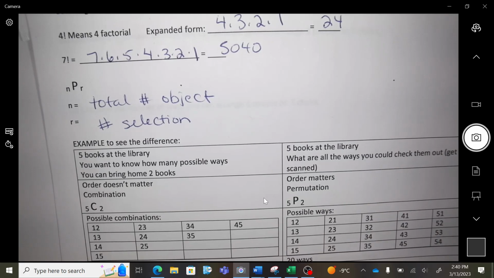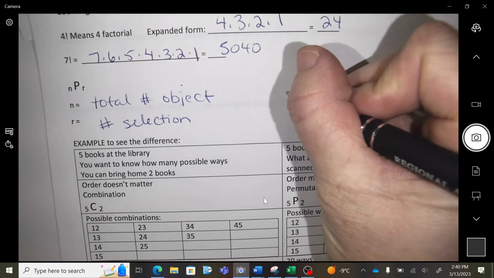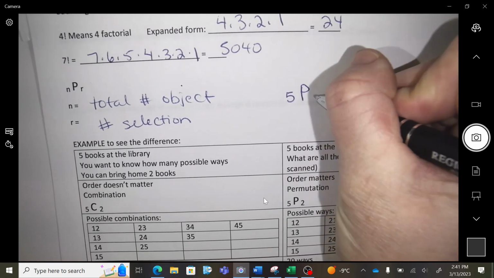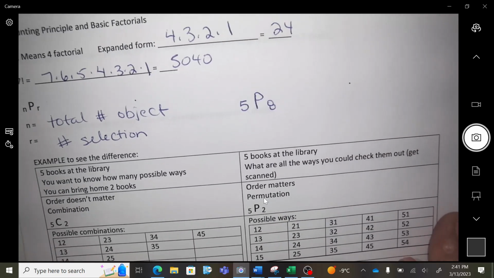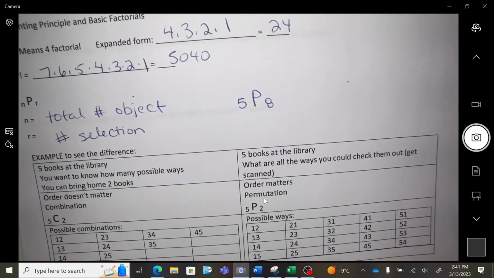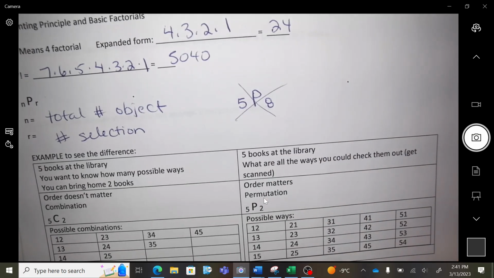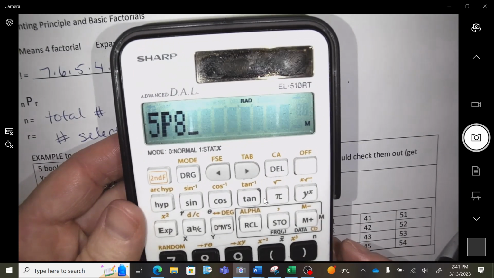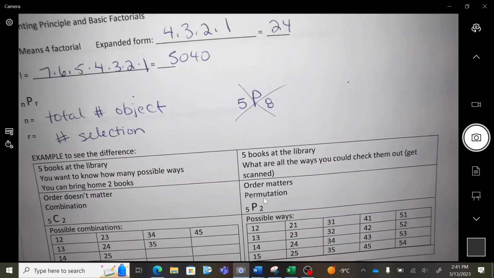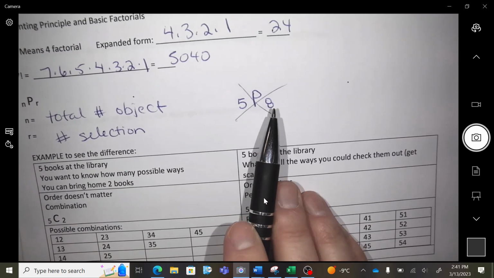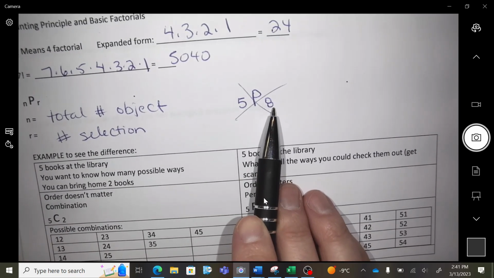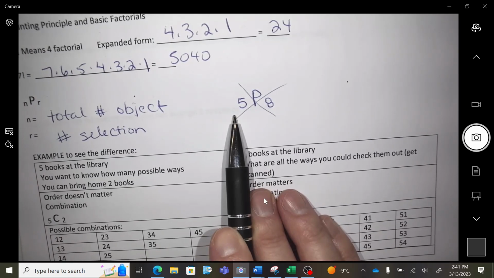What if I ever did this? 5p8. It doesn't work. Even if I wanted to type it in, 5p8, error. Combinations of 8 when you only have 5. Right. You can't be trying to get 8 objects when there was only 5 total.